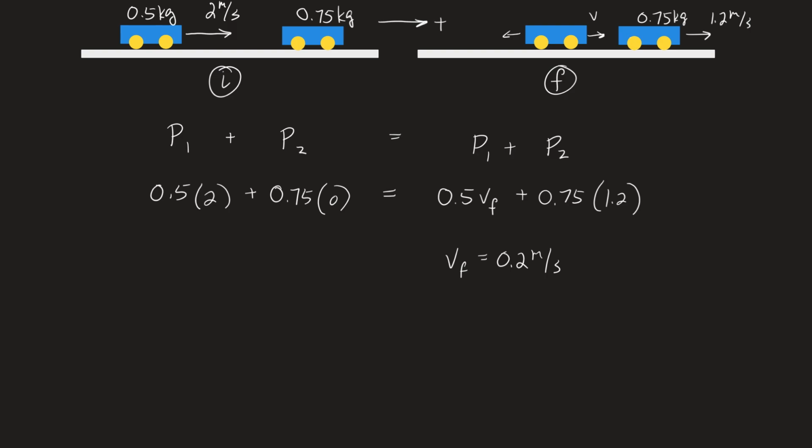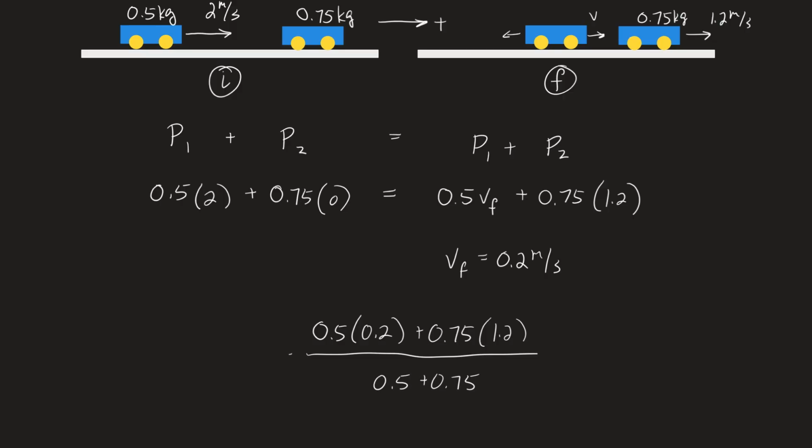If you don't know what I'm asking, I'm saying take that equation for the velocity of center of mass, 0.5 times 0.2 plus 0.75 times 1.2, and divide by the total mass, 0.5 plus 0.75. I assume you get 0.8. You better.